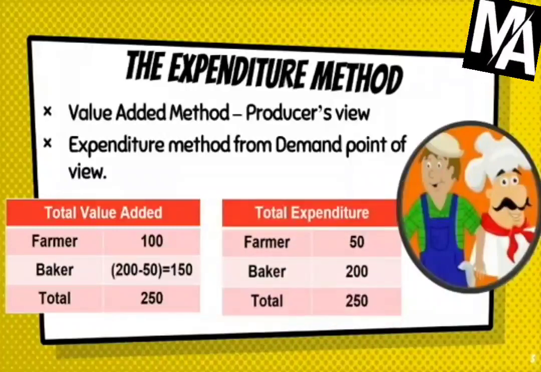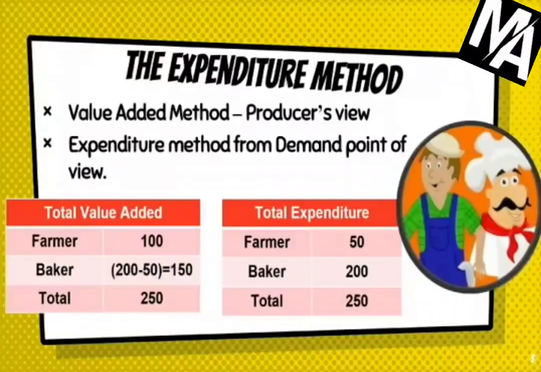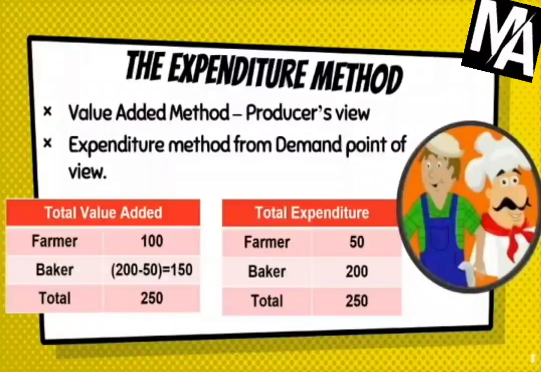Whereas when we speak from the expenditure method, we have to find out what is the expenditure made on the farmer and the expenditure made on the baker. The farmer created 100 rupees worth of wheat, but somebody, that is the baker, is the one who has spent 50 rupees on the farmer's wheat.